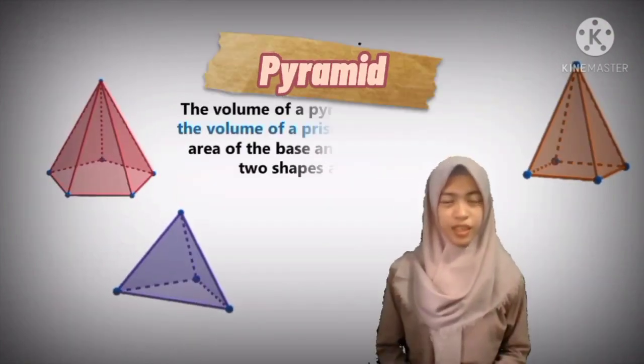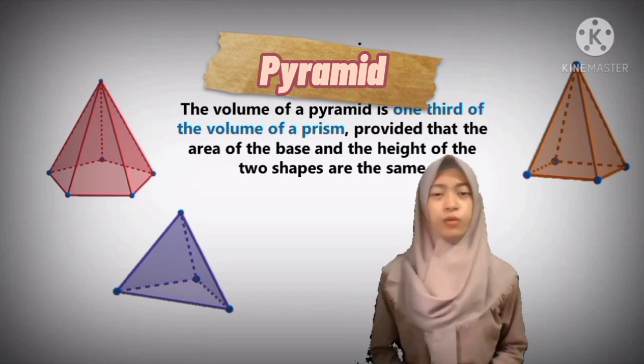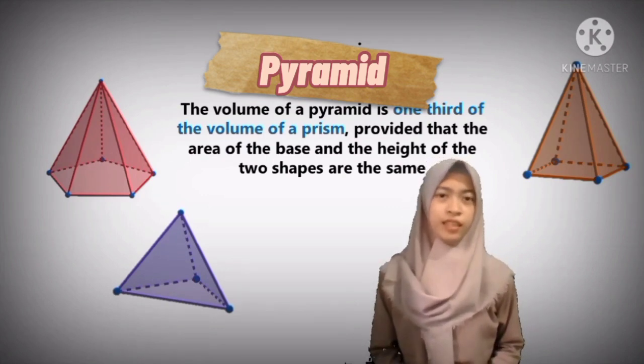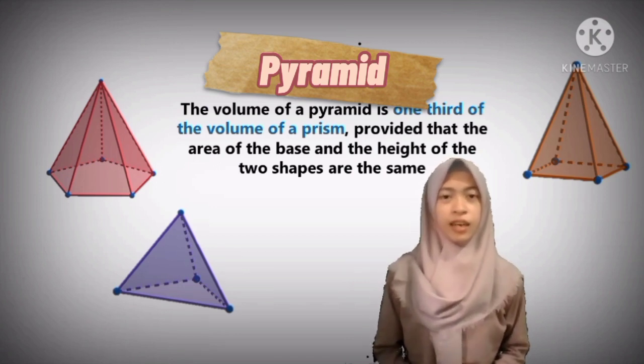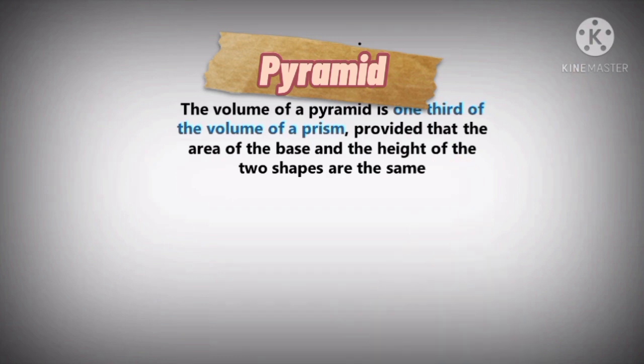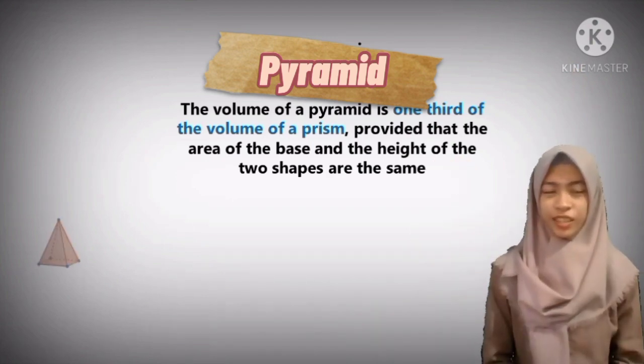Next is pyramid. The volume of pyramid is 1/3 of the volume of a prism, provided that the area of base and the height of those two shapes are the same. Look at this illustration.